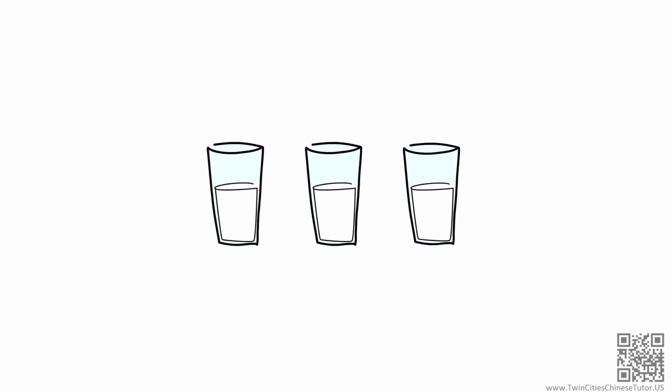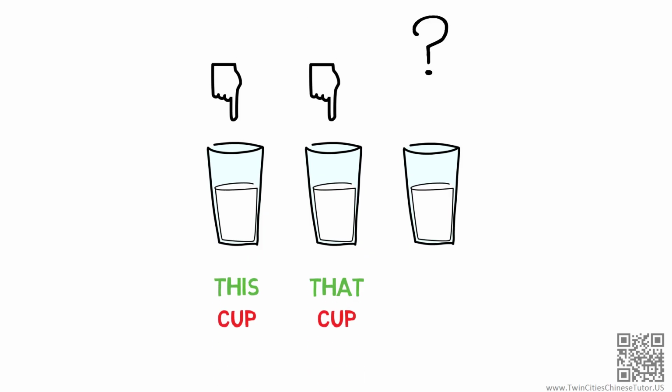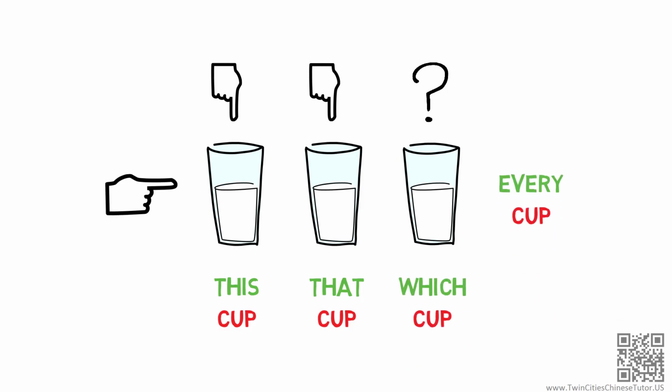Another challenge about learning measure words is that besides counting things, there are other situations where measure words are needed. For example, in English you would say things like this cup of water, that cup of water, which cup of water, every cup of water. Notice that English measure word cup here is used after the word this, that, which, and every.